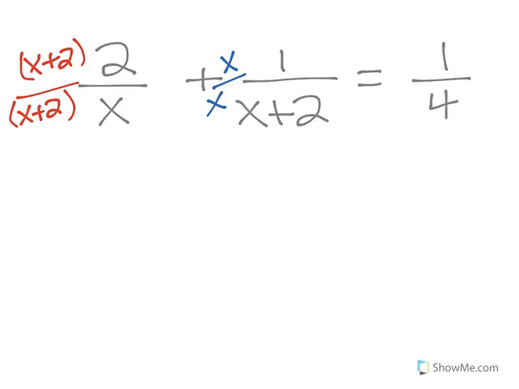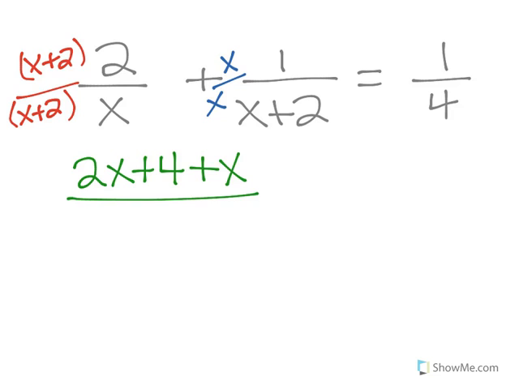So when I simplify and add, I have 2x plus 4 plus x over that least common denominator, which is going to be x times x plus 2. And I'm just going to leave it in factored form for now.